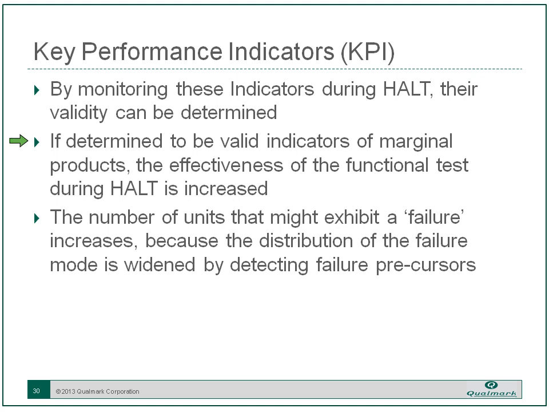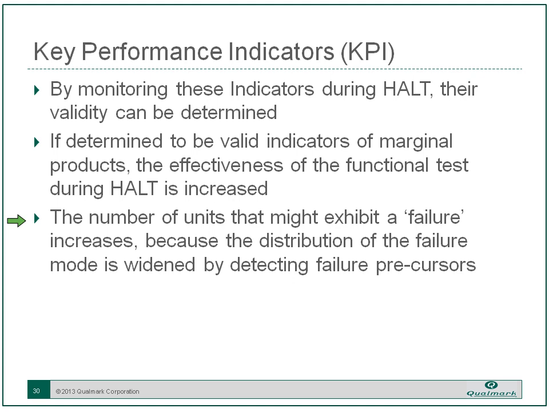So look and see what happens during HALT. See if the number of units that might exhibit a failure, or rather, you can say that you basically widen the distribution of what you're defining as a failure by looking at failure precursors.